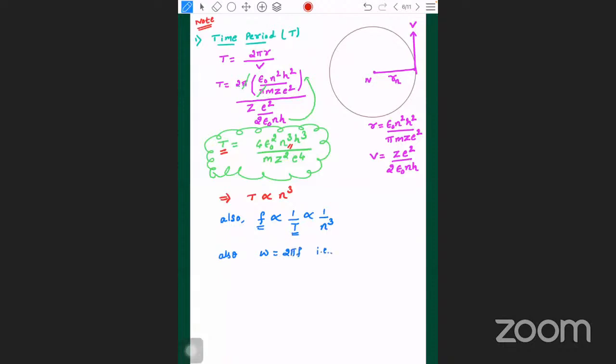So omega is directly proportional to frequency, which is inversely proportional to n cube. Remember that. This is the concept of the time period, the frequency, and the angular frequency.